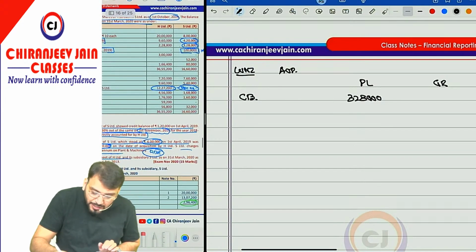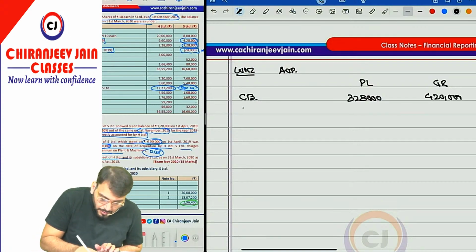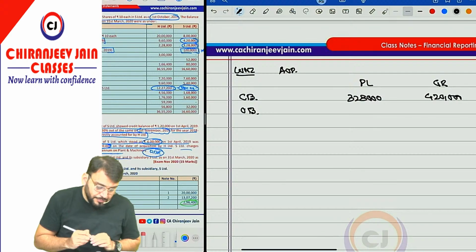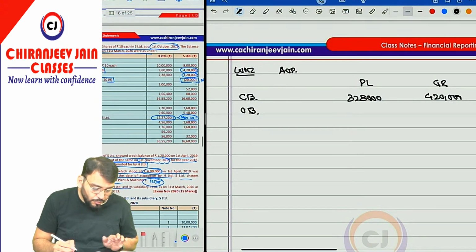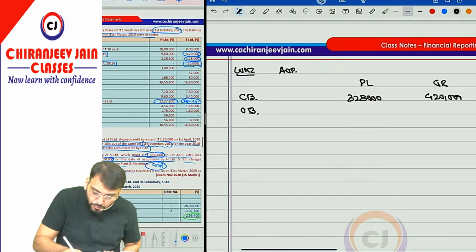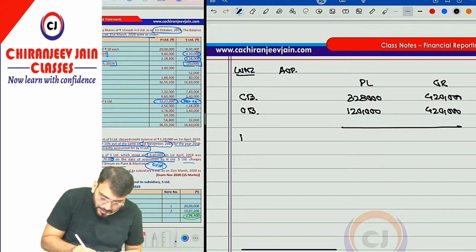General reserve closing balance is what? 4,20,000. And opening balance is what? Opening balance they have given 1,20,000. And this is similar, 4,20,000 only. Got this point? So what is the profit after dividend?